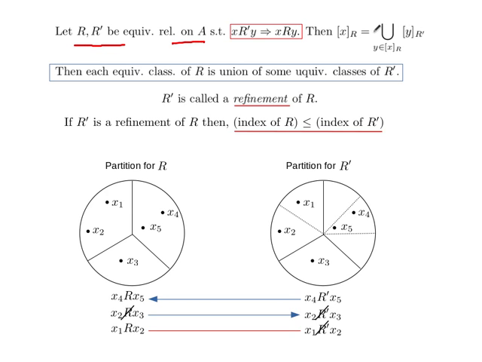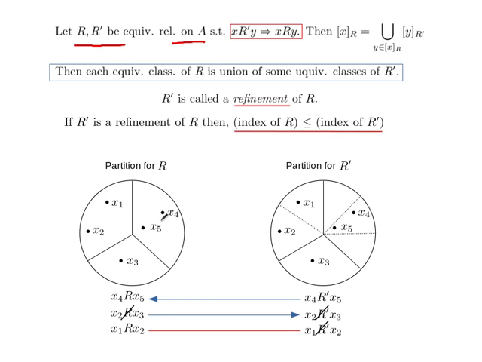So what is happening here? If you look at this picture, this is the partition for R, and this is the partition for R prime. Why? Because if they are related in R prime, they should be related in R. Here you see x4, x5 are related here, so they are also related here.